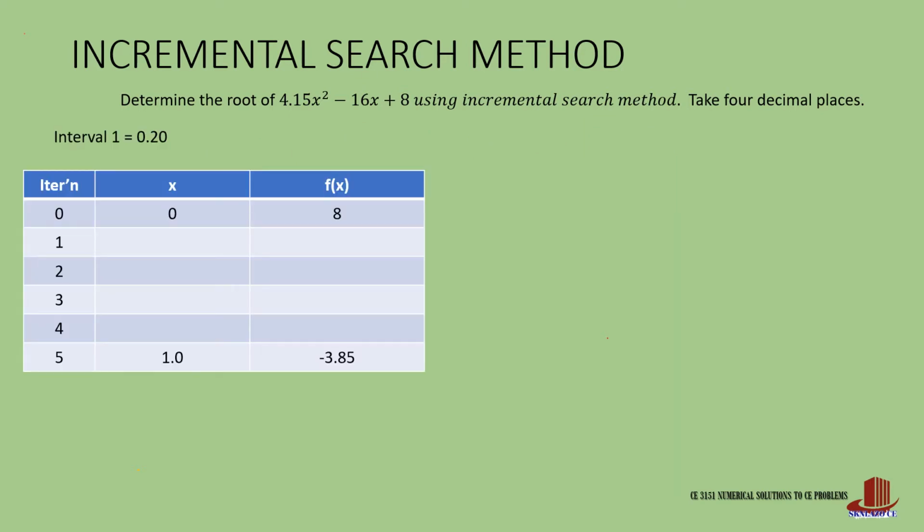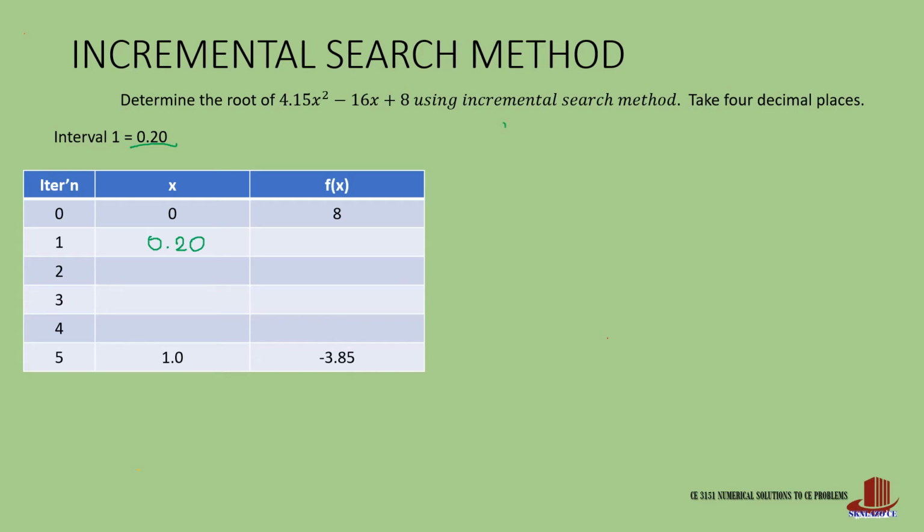After knowing that our upper and lower limits would show 0 and 1 for our root, then we can work with our smaller interval. Instead of 1, let's try working with 0.2. So our second x or iteration would be 0.20.